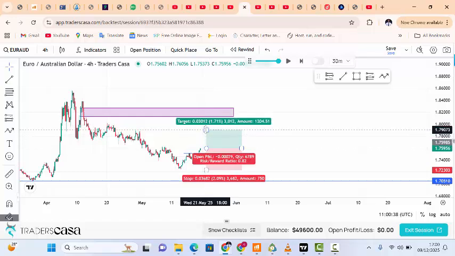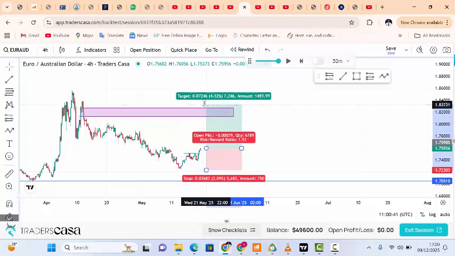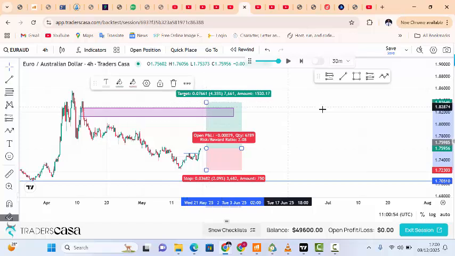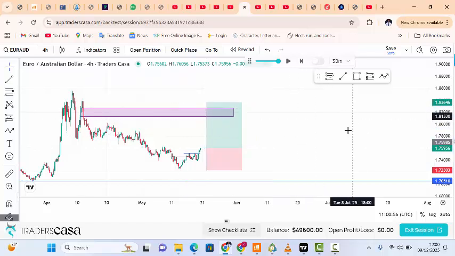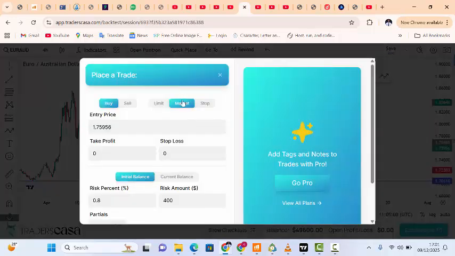Since I've done this, I'm targeting the next swing high, which is here, actually here. But I'll target only this one. So that's what I'm targeting. I'll just come and place the trade, open position.